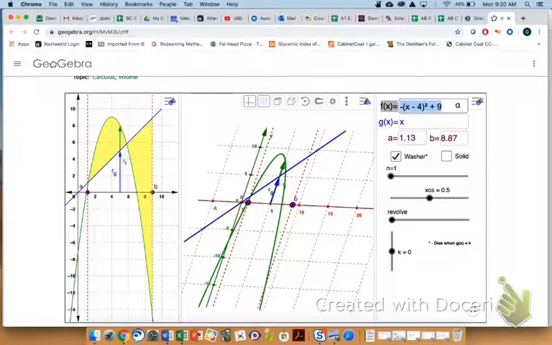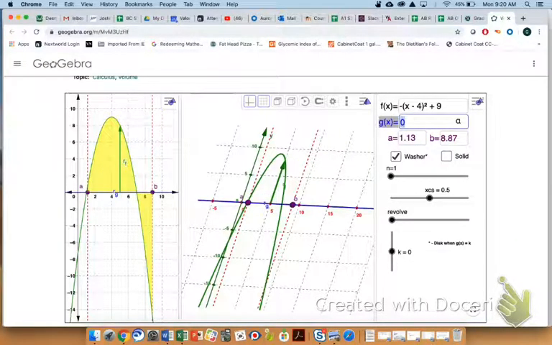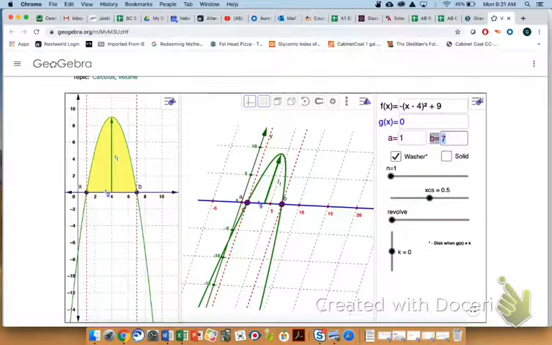That's a pretty interesting looking area. We're not doing area today, we're doing volume. So I'm going to make some adjustments here. I'm going to make it really simple for us today. I'm going to make g of x 0. And I'm going to go 1 to 7 here. So I've just settled on this much more simple looking region.